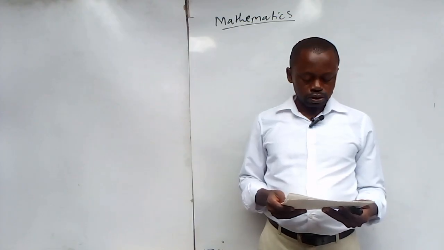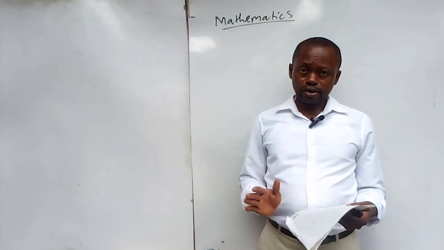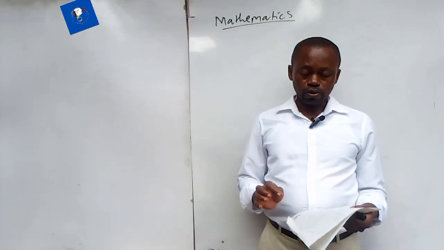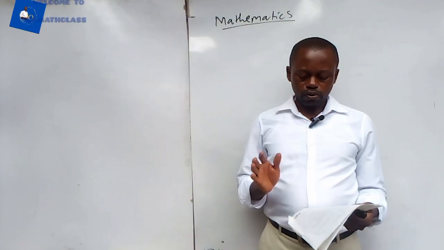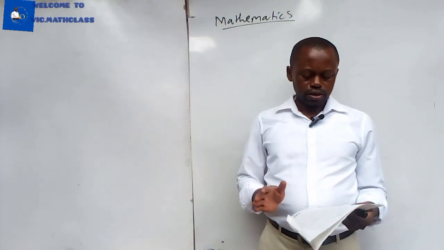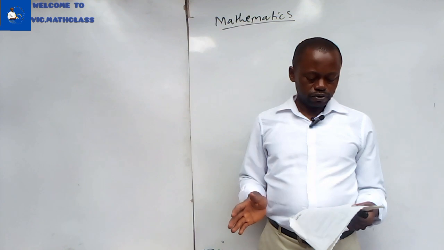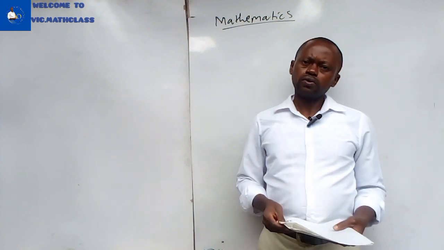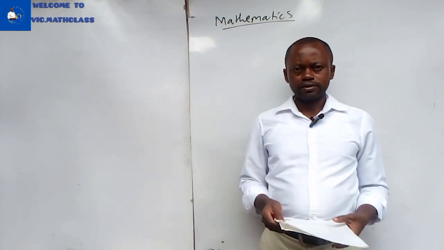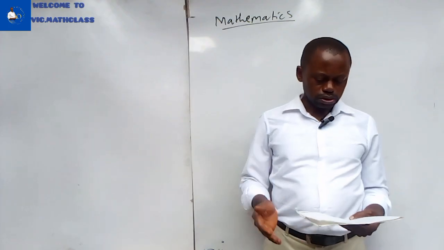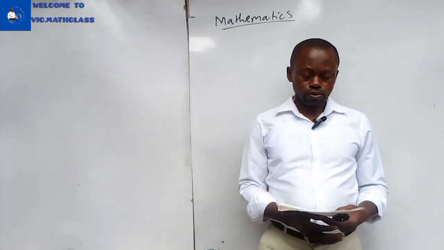He's talking about somebody's salary here, and you're talking about 1/9 of that salary, half of that salary, 1/4 of that salary, and a leftover, which is $195. So what exactly is that salary? That is what we want to see, how we can run this calculation in a mathematical way.